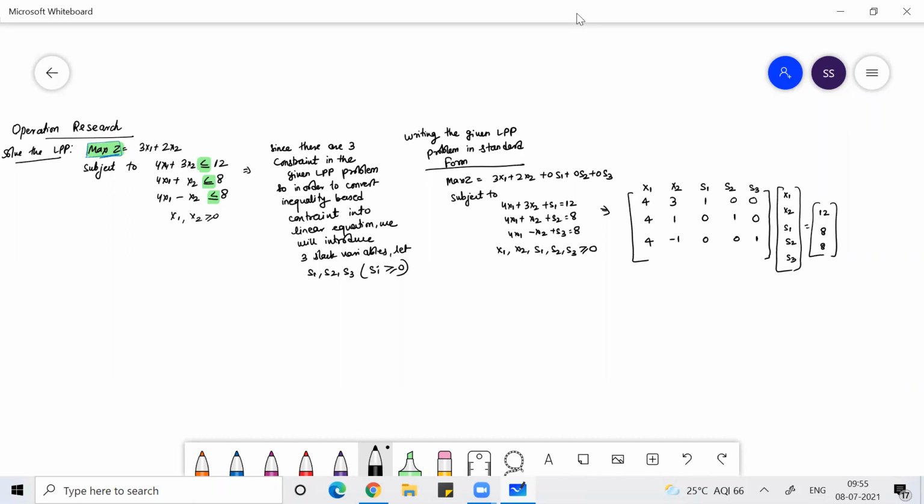Done, everyone. So once you've written them in this algebraic form, now you'll start solving this by using the iteration table.